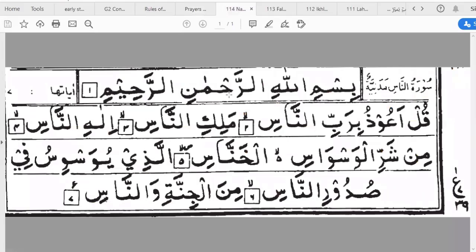So we're going to start our today's class. But before we do that, last week you were reminded about a few rules that you have already learned in your G1 classes, and you did practice of 4 chapters, Surah An-Nasr, Surah Al-Falaq, Surah Al-Lahab, and Surah Al-Ikhlas, and you tried and practiced the chapters following all the rules that you have learned.